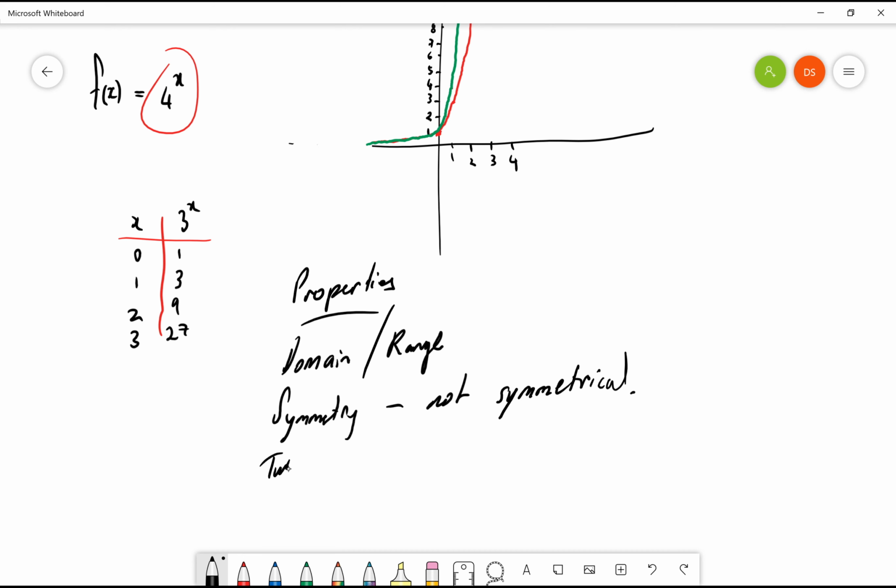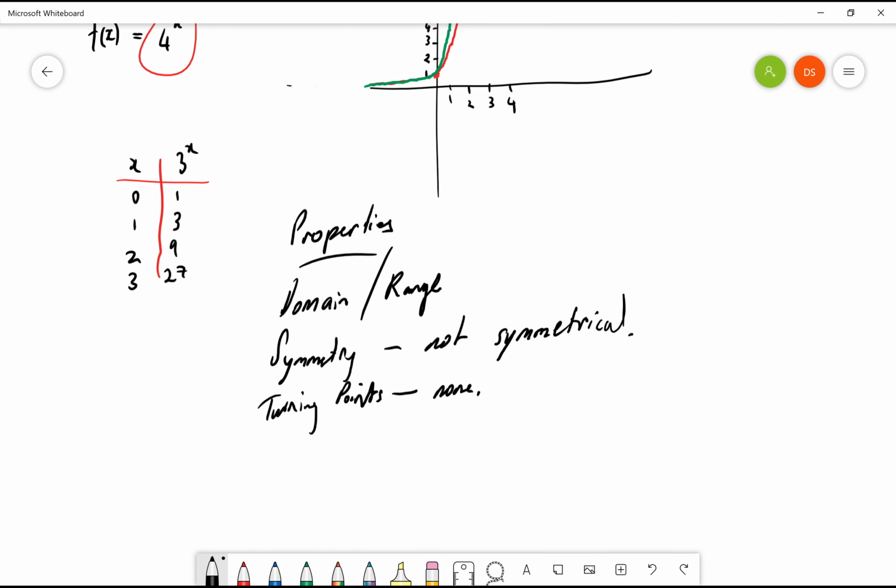What else? Turning points. None. So symmetry, turning points. X-intercepts for these are very awkward and very rare, depending on the context.